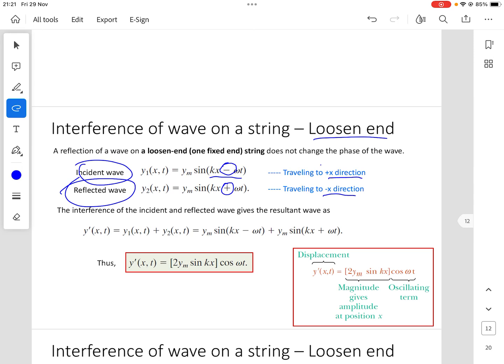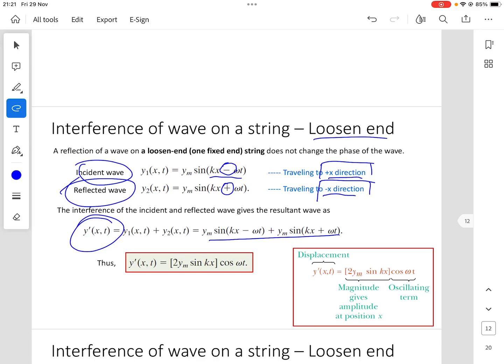The incident wave is moving in the positive x direction. For the reflected wave, it just changes the sign from negative to positive, which means you now get the same wave, but moving in the negative x direction. You get y1 and y2, and you just sum them up to find the resultant wave.